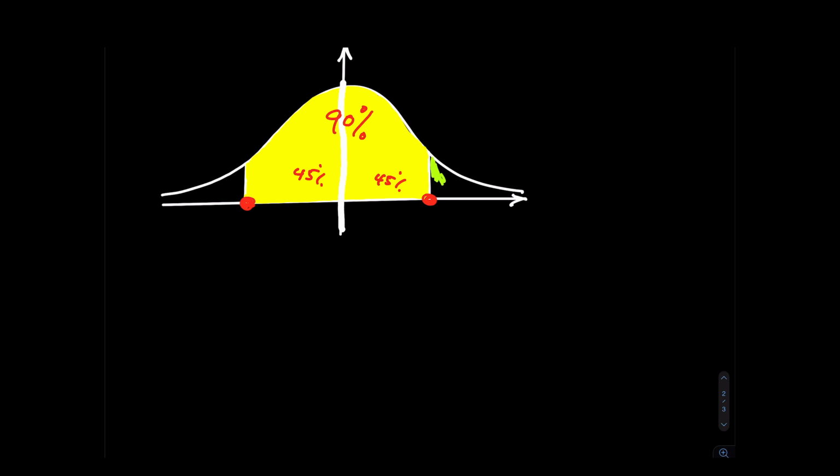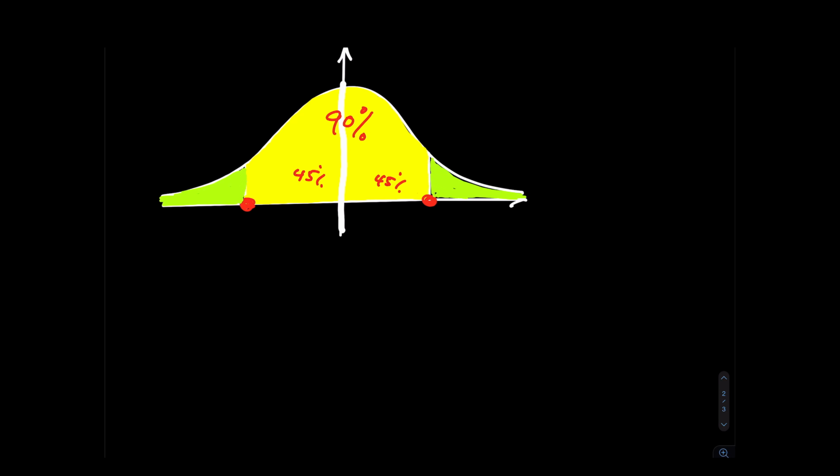If I shade the tails with green, and shade the other side with green too, of course these two green areas are the same, right? Because it's symmetry again, correct? That's why it's such a desirable distribution.